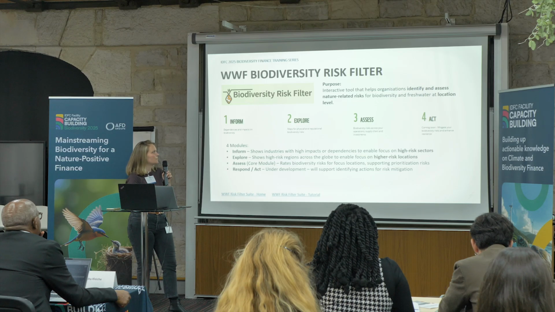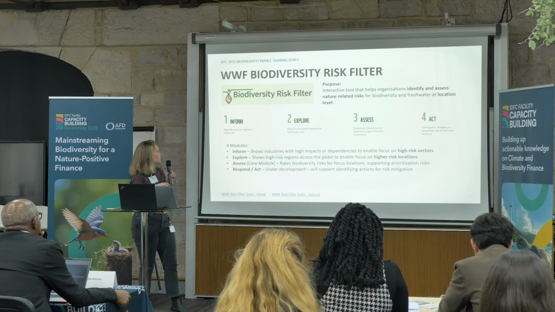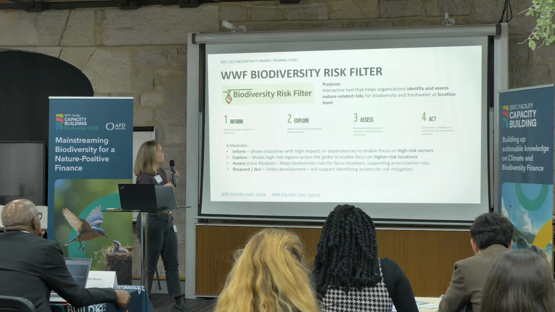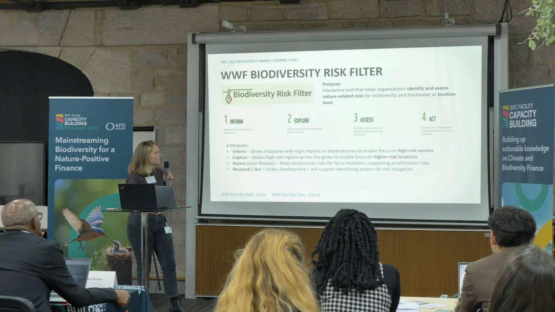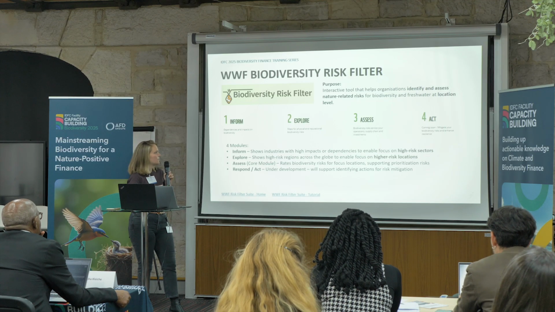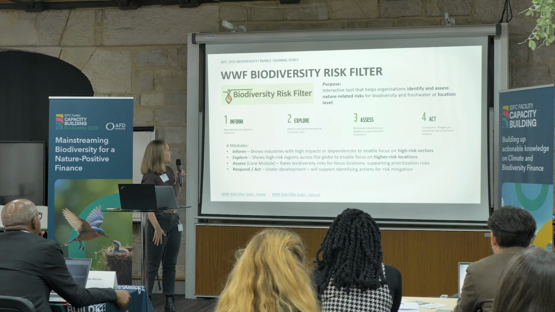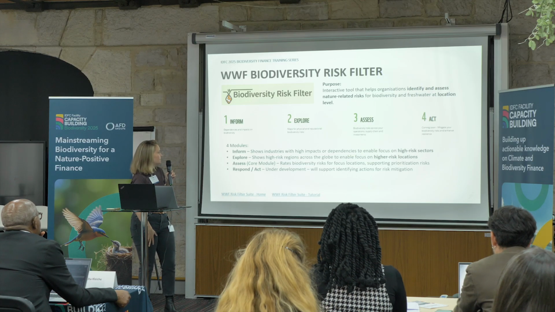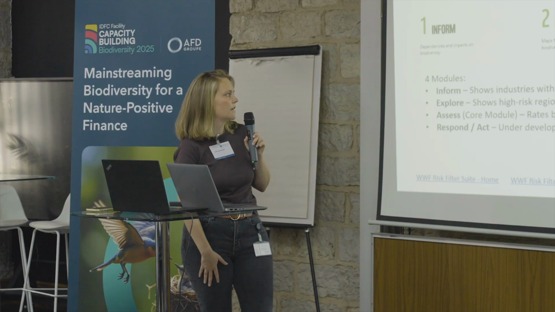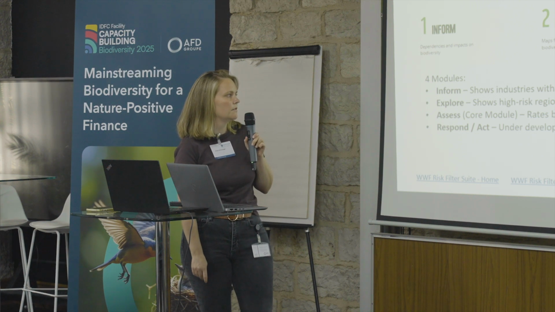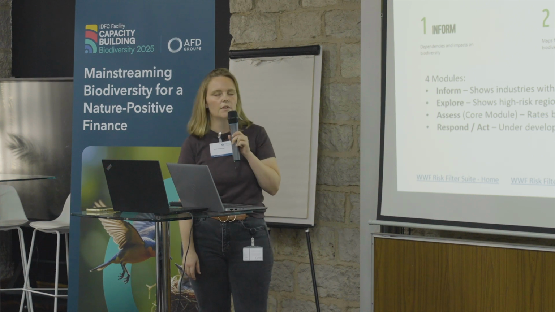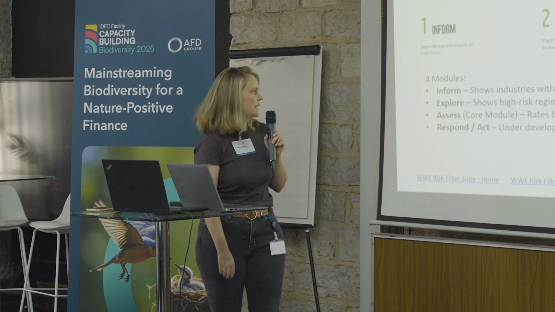For our group work, we will use the Assess module, but Inform is based on the ENCORE tool as well. It shows the impacts and dependencies for high-risk sectors. The Explore shows high-risk locations, and then in the Assess module, you can identify and prioritize the nature-related risks.